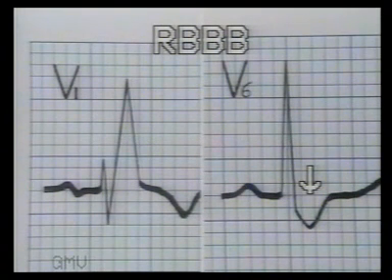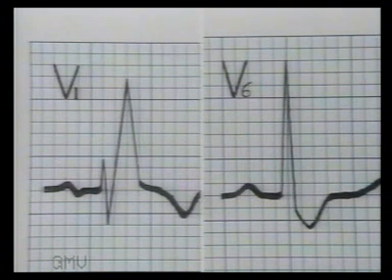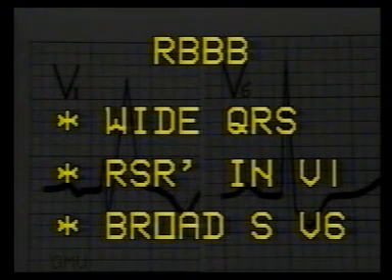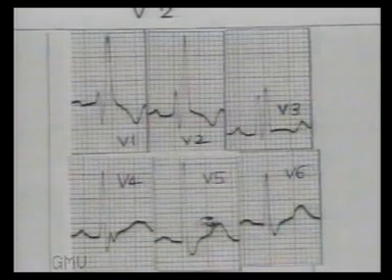It may also be associated with right axis deviation. To revise, right bundle branch block shows wide QRS complexes 3 mm or more wide, RSR dash pattern in V1, broad S wave in V6, and right axis deviation may be present.